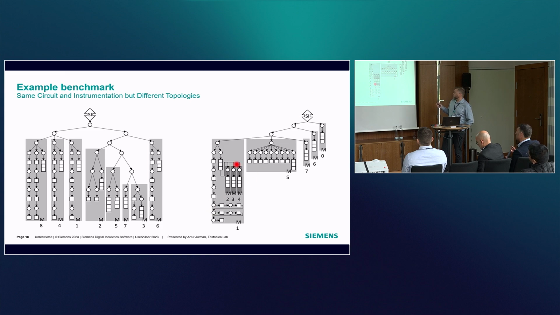Those instruments residing lower down on the unbalanced tree would take more time to communicate with, while maybe high priority instruments would be located very close to the top level access point, right? So these circuits have exactly the same functionality, but different topologies to connect the instruments together.